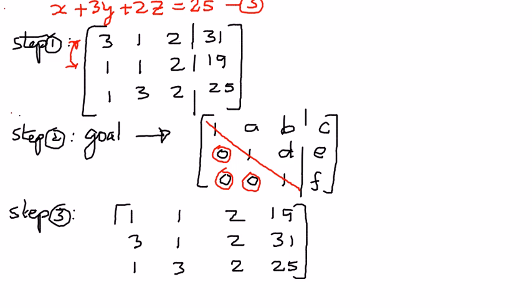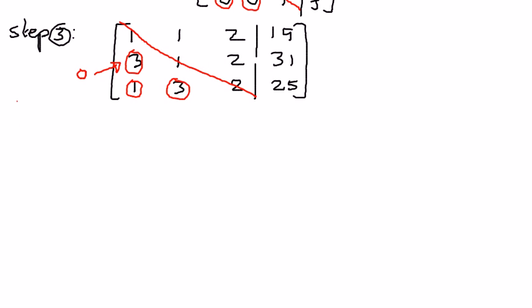So we have all that laid out. What we want to achieve here is ones along the diagonal and zeros below the diagonal, and we will try to achieve that one at a time. First things first, we want this location to be equal to 0. So the way to do that is as follows. We'll call that step 4, and we will use the row operations to try and achieve that.